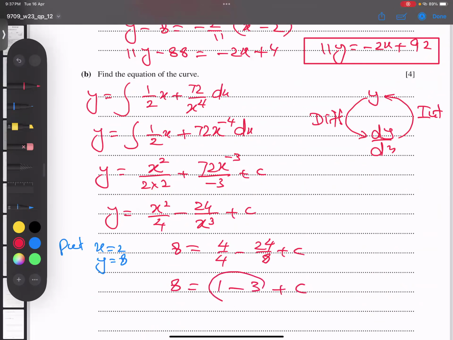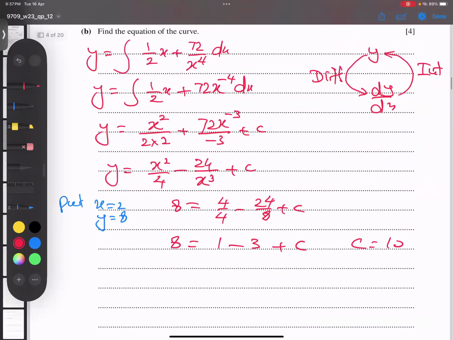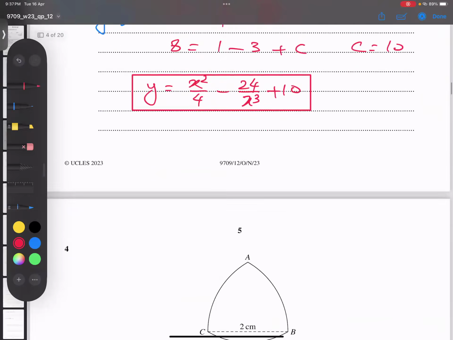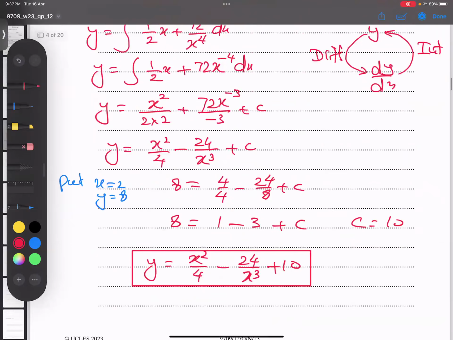So this becomes negative 2. It gives 10, so c is 10, and I put it back in this equation. So y equals x squared by 4 minus 24 over x cubed plus 10. Alhamdulillah, I believe the point is very clear, and we have done question number 3.